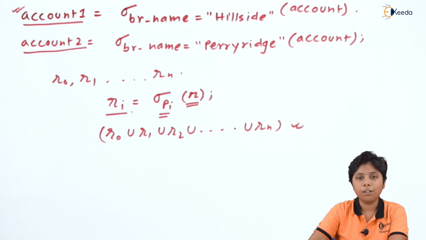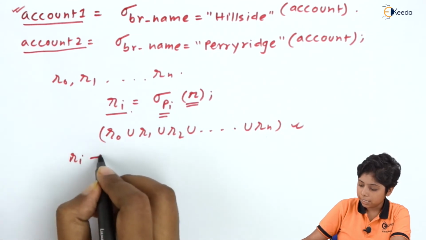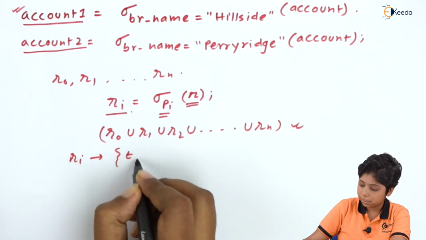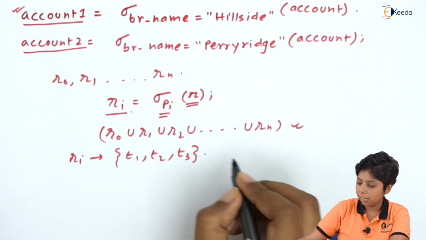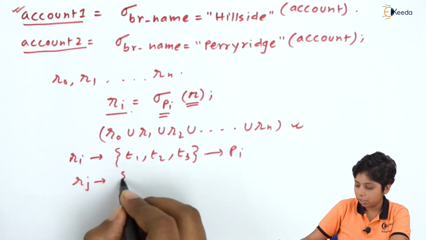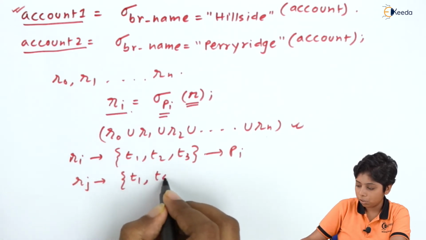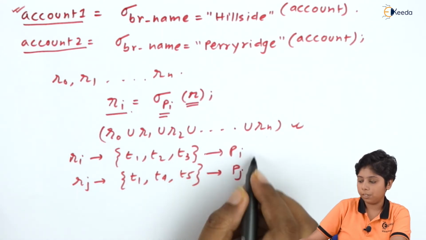Now the fragments Ri, Rj, Rk may not all be disjoint. That means if Ri has a set of tuples, say T1, T2, T3, based on some predicate Pi, then Rj can have a set of tuples T1, T4, T5 based on some predicate Pj.